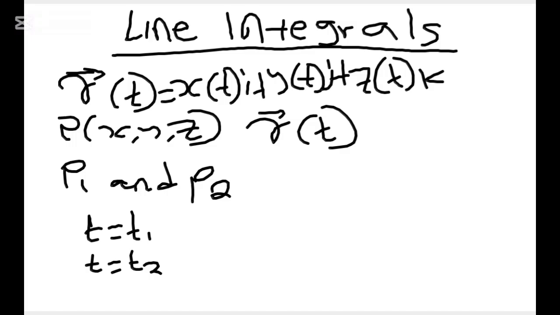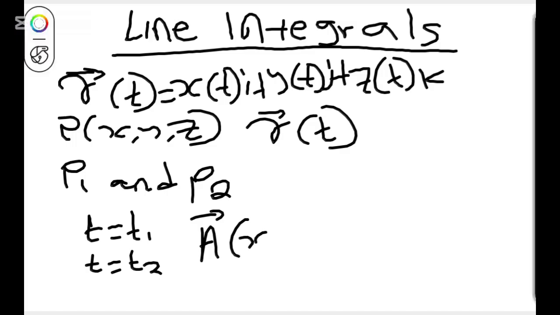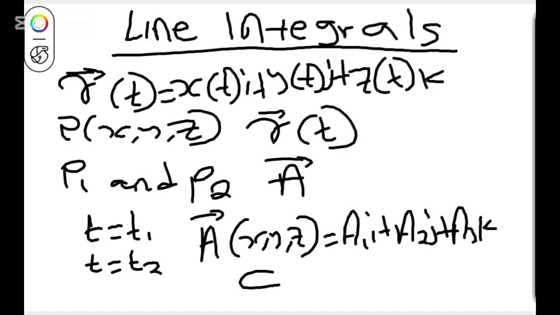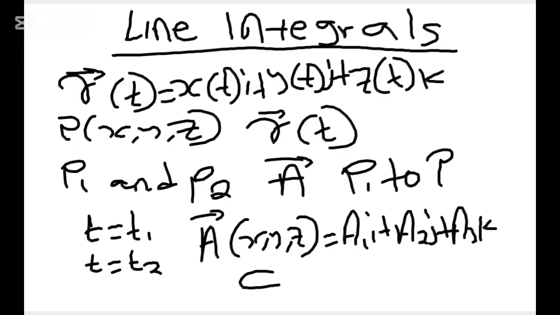So respectively, let vector A of x, y, and z be A1 i plus A2 j plus A3 k. A will be a vector function of position that is defined and continuous along C. Then the integral of the tangential component of, let's say, a vector A along the curve from P1 to P2.